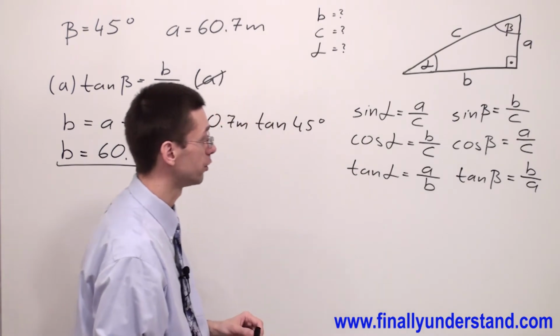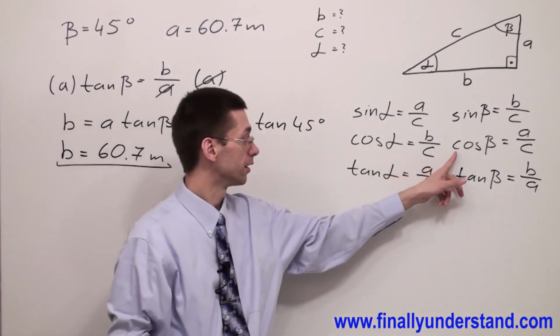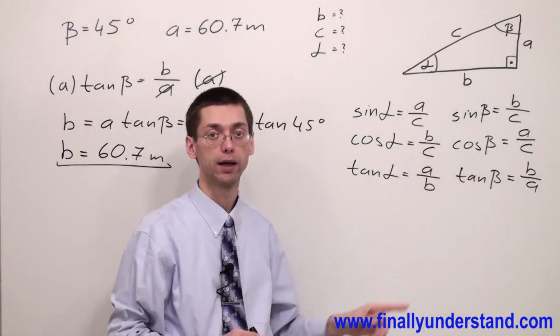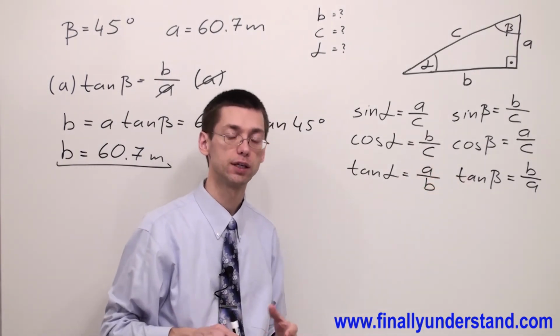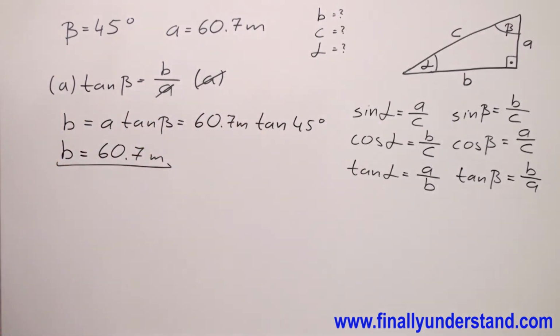So you can use either formula or you can use the Pythagorean theorem. This time I'm going to use the formula for cosine angle beta. Why? Just to show you that there are different ways to solve these kinds of problems. But remember, you can use the sine beta formula, or you can use cosine or the Pythagorean theorem. In order to practice, we are going to use the formula for cosine beta.